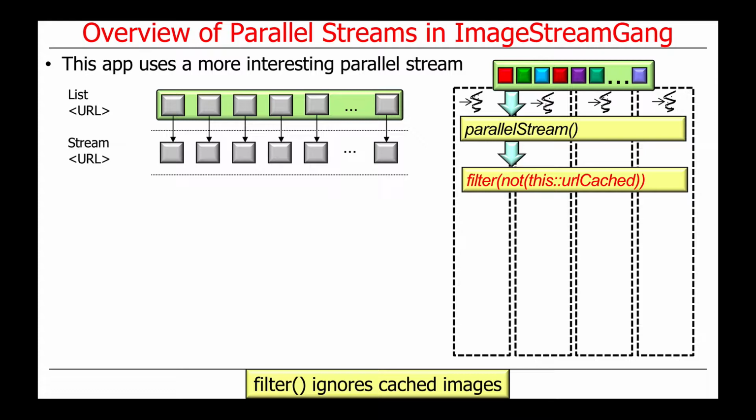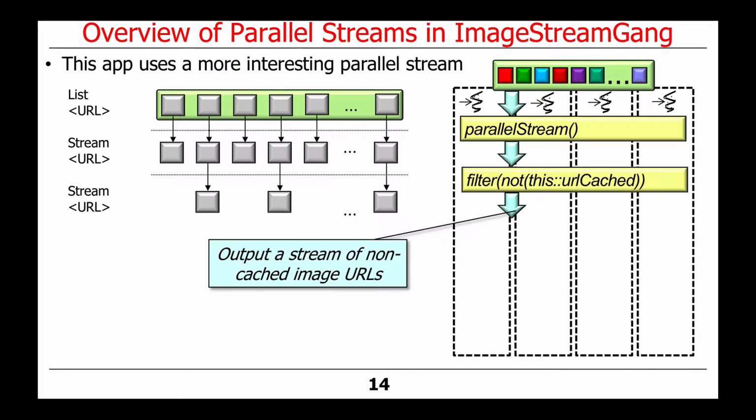URL cached, as we'll see in the next part of this lesson, returns true if the image is already cached, and we want to ignore cached images, so we negate the output of URL cached. So that's just a couple of method references being composed together. That will then output a stream of non-cached image URLs.